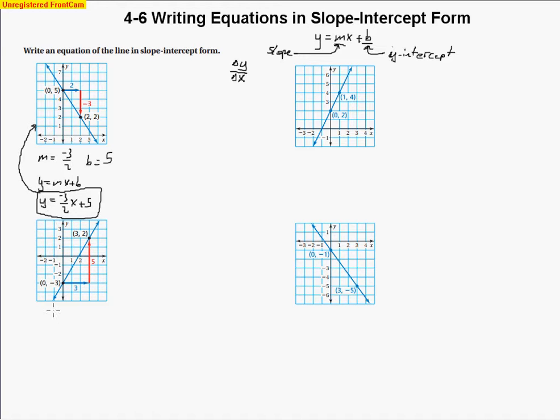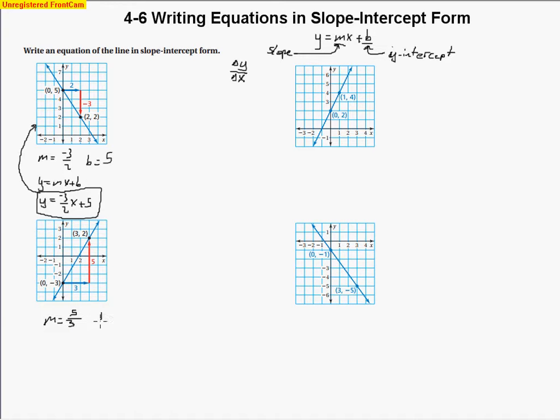We'll take a look at the one down below, and we have a similar situation where we've got these arrows showing how many spaces, and I definitely see that we're going by 1, so I count the spaces: 1, 2, 3, 4, 5 spaces up. So the slope is up 5 spaces, and it is to the right 1, 2, 3. So this is a positive slope compared to the last one, which was heading downhill from left to right, making a negative.